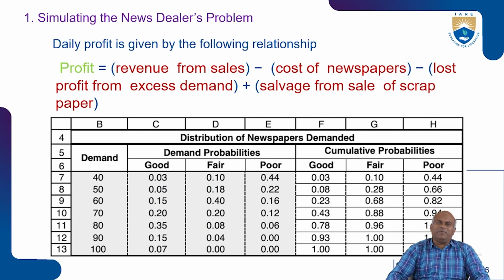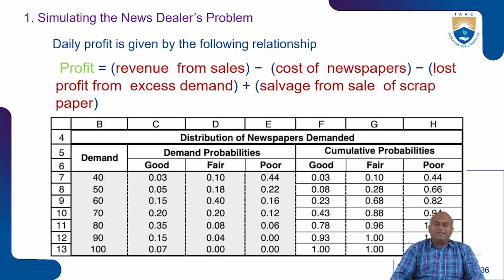Time is represented as 4, 5, 6, 7. I give some serial cases. So for the newspaper distribution, I take an example. In that case we have two types: one is the demand probability, another is the cumulative probability. We need to measure the demand: the first day 40 papers, second day 50, 60, 70, 80. It will increase.